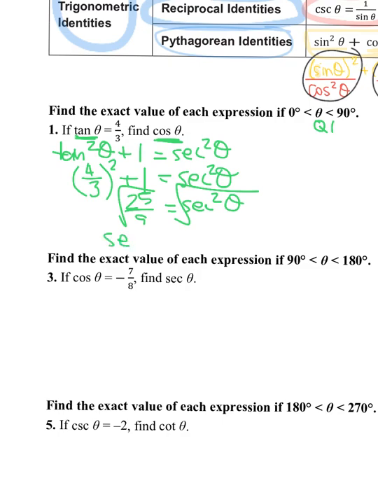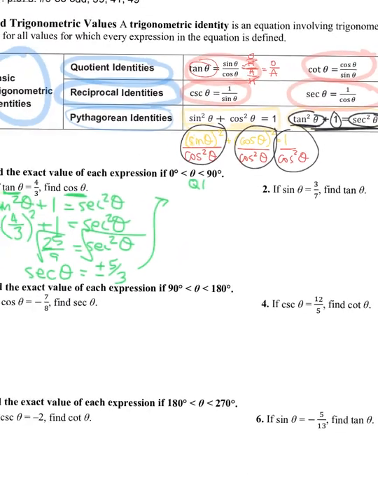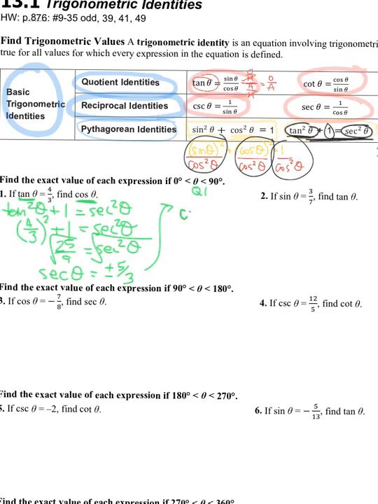So I'm going to flip this around. So secant of theta is equal to plus or minus 5/3. Okay, which means if I want to go to cosine, I'm going to move this up here. Cosine of theta is the reciprocal, so that should be plus or minus 3/5.